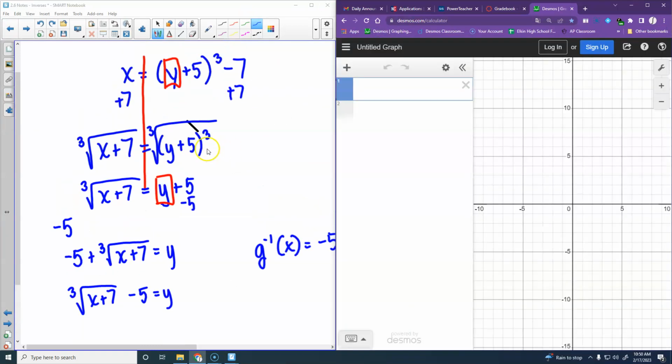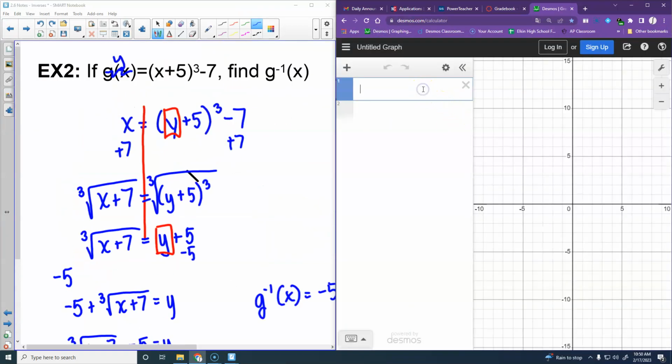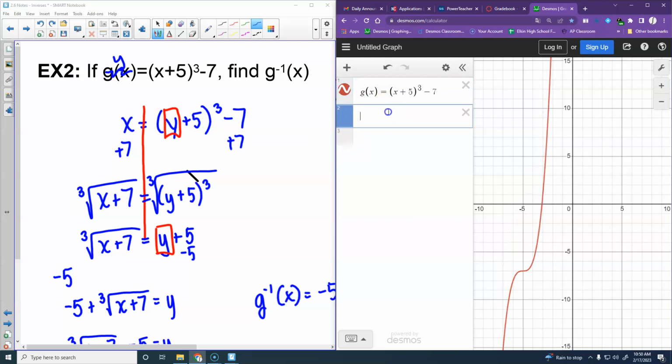So Desmos is so cool. So g of x equals x plus 5 to the third power minus 7. There's a couple ways you can check your work here. If I type y equals x, that puts that line that should be our line of symmetry.